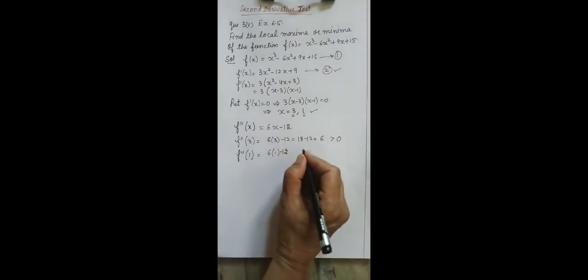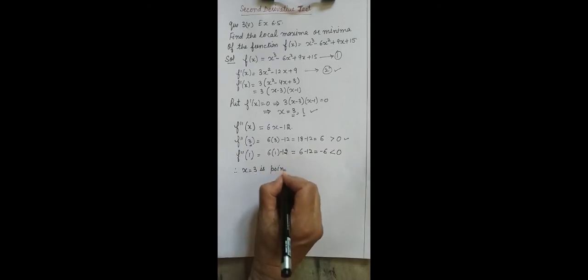Now what will be this? 6 into 1 minus 12, which will give me the result as 6 minus 12 is equal to minus 6, which is negative.